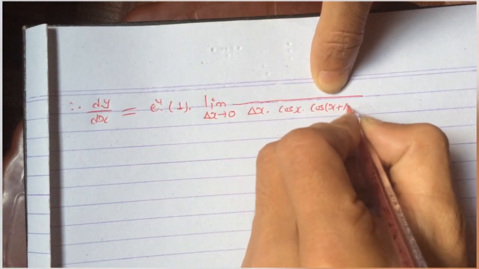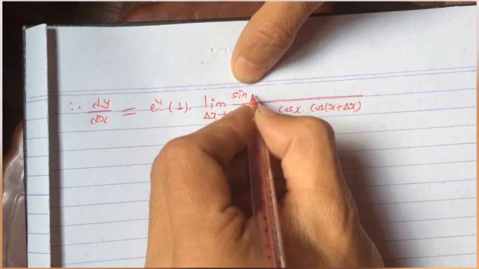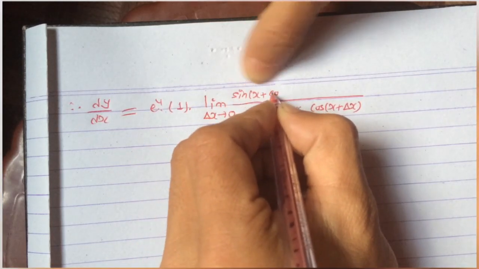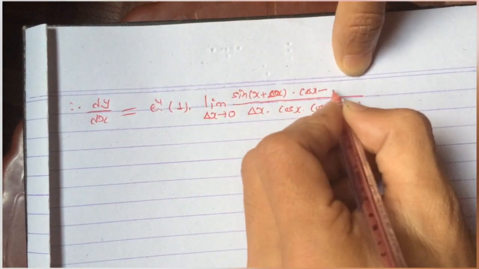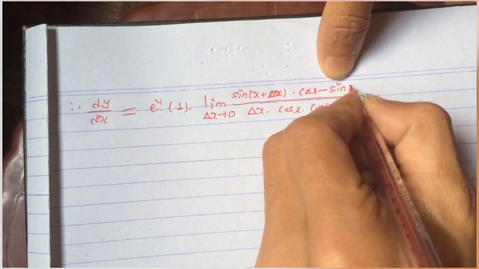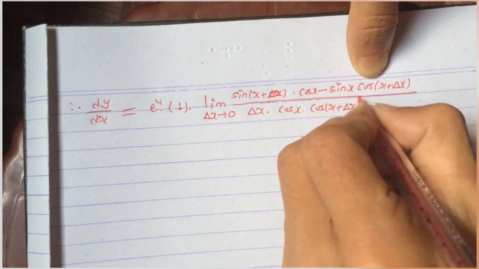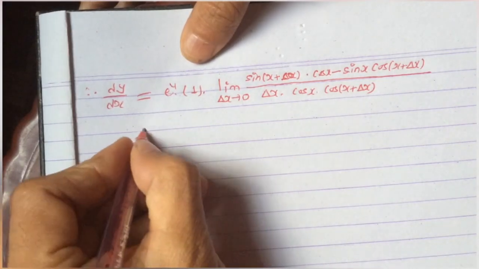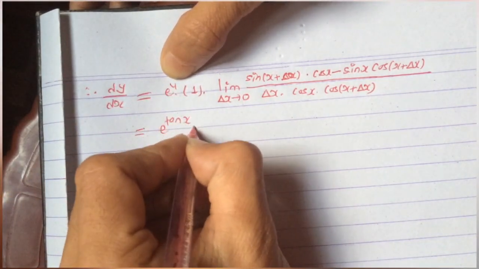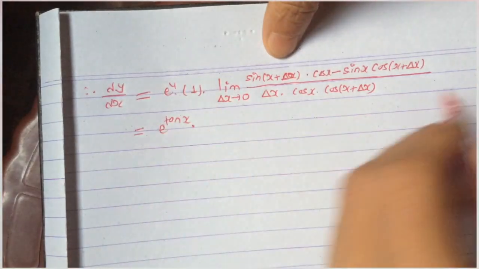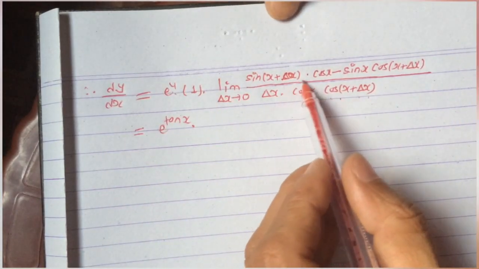After taking the LCM of cos x and cos(x plus del x), you get [sin(x plus del x) times cos x minus sin x times cos(x plus del x)] whole divided by del x times cos x times cos(x plus del x). And you can insert the value of u there, so that you get e^(tan x).